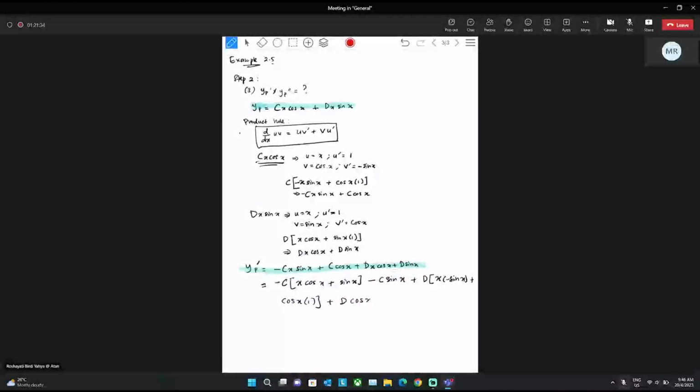Okay. So here you can look at x cos x and then what else? Cos, sin you can factorize.